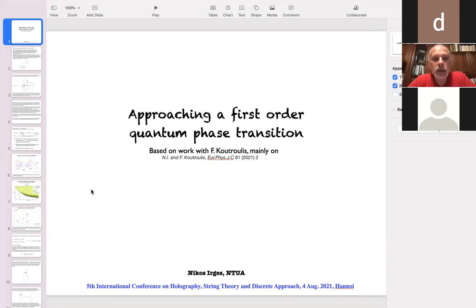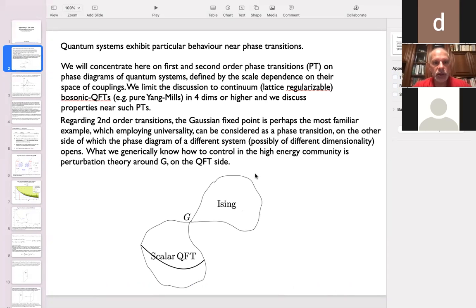A first order phase transition is a phase transition where there is no continuum limit. So this is just very generally what is the context. And I will be interested in describing what happens in the vicinity of such a phase transition.